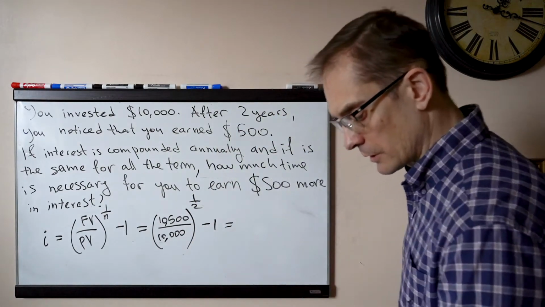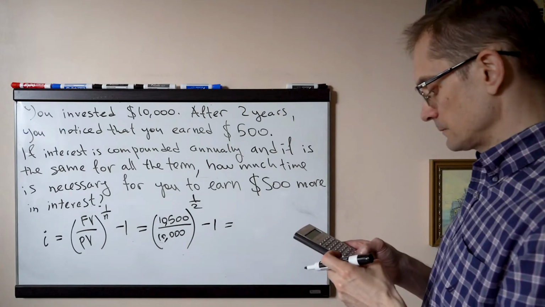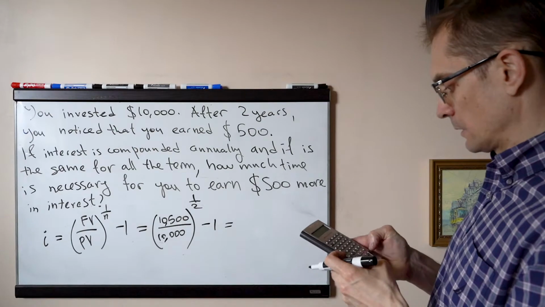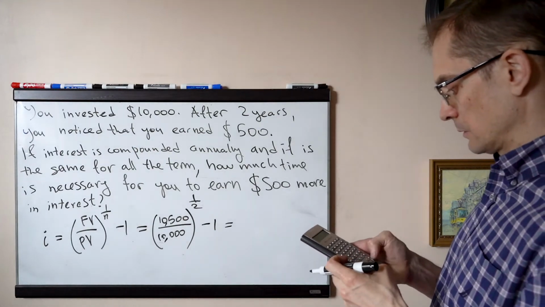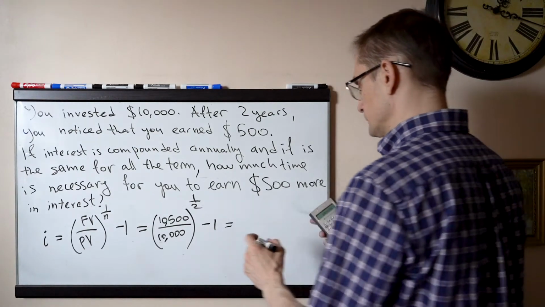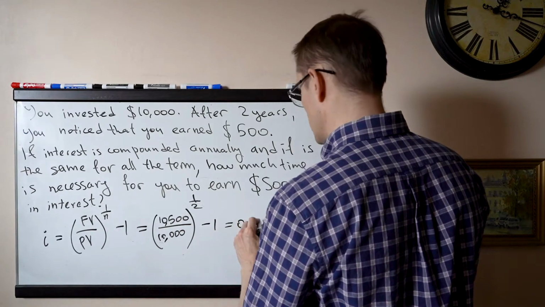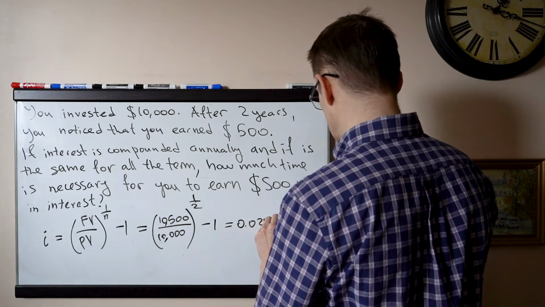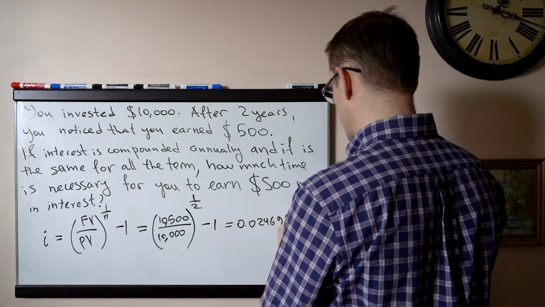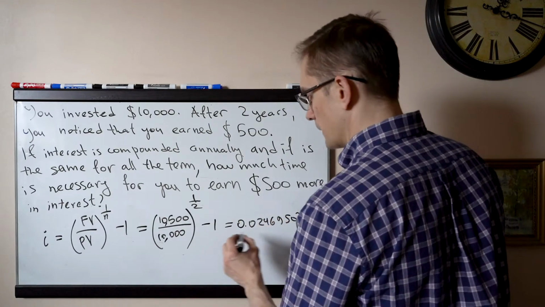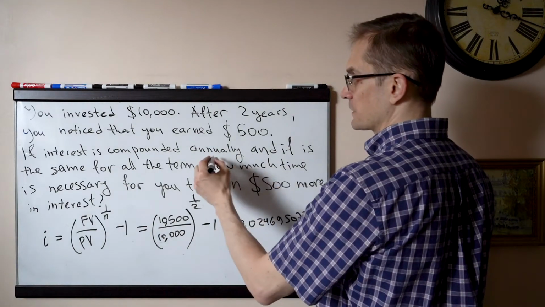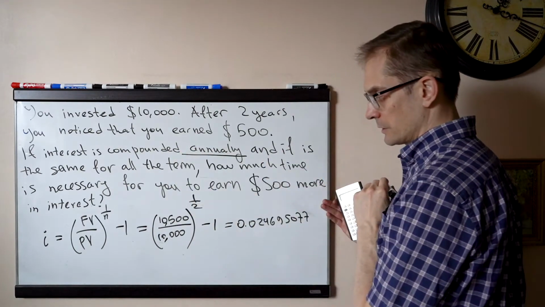Okay, so now let's calculate that. 0.0224695077. Well, I is the same as j in this case because this rate is compounded annually, right?